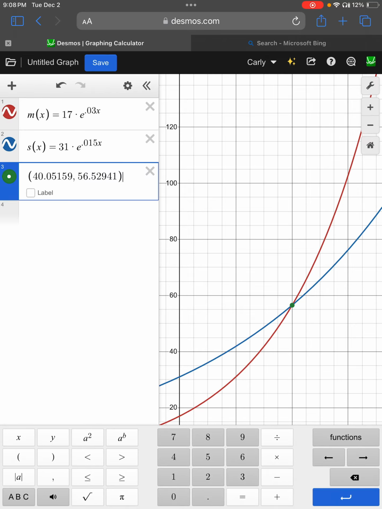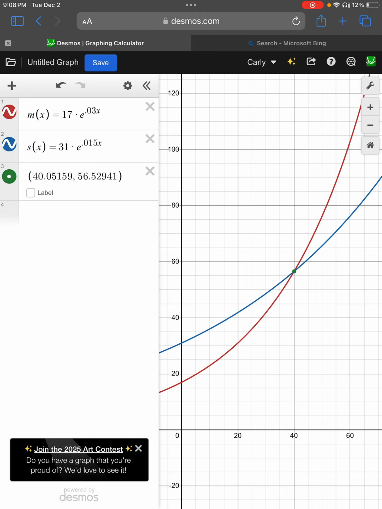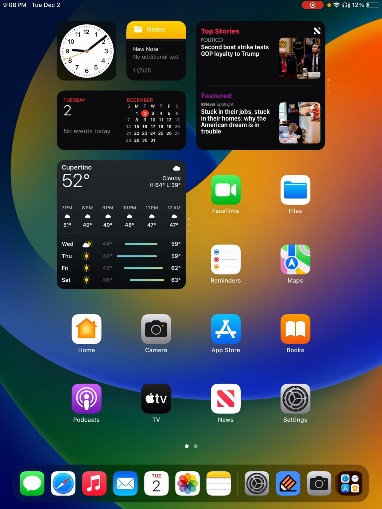And it looks like it intersects at about x equals 40 years at a population of about 56 million. So 40 years, 56 million, give or take.